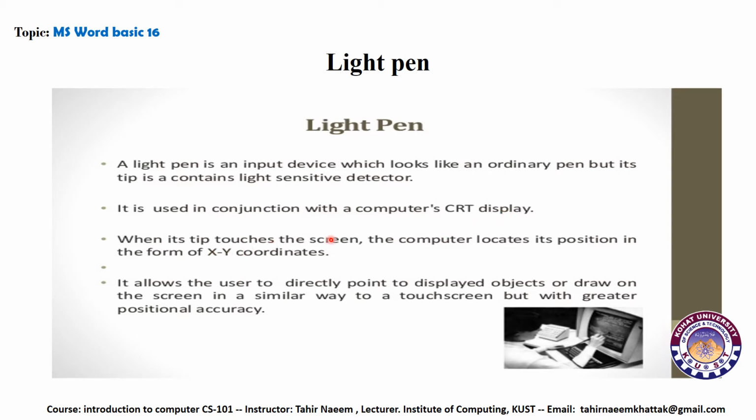When its tip touches the screen, the computer locates its position in the form of XY coordinates. It allows the user to directly point to a display object or draw on the screen in a similar way to a touch screen, but with greater position accuracy.